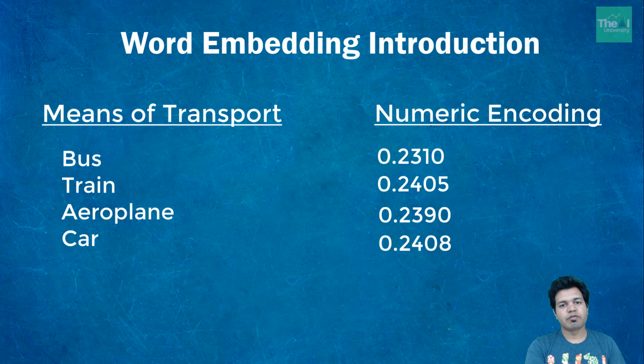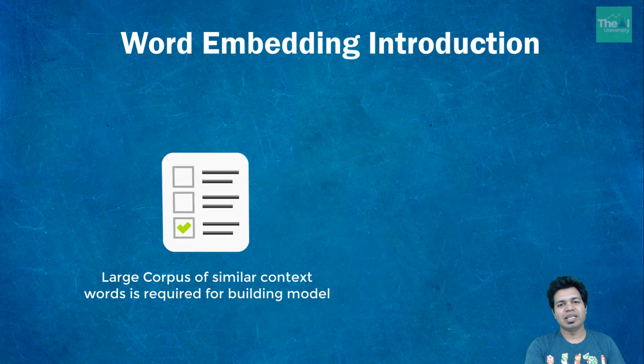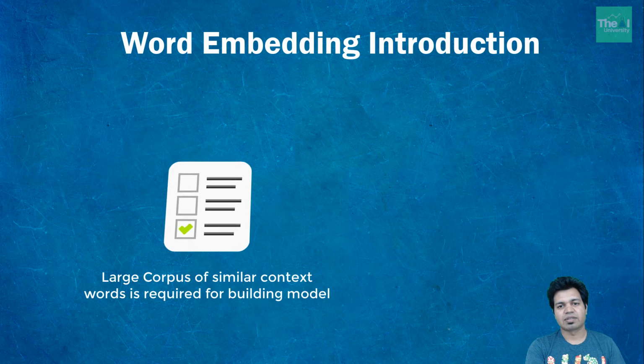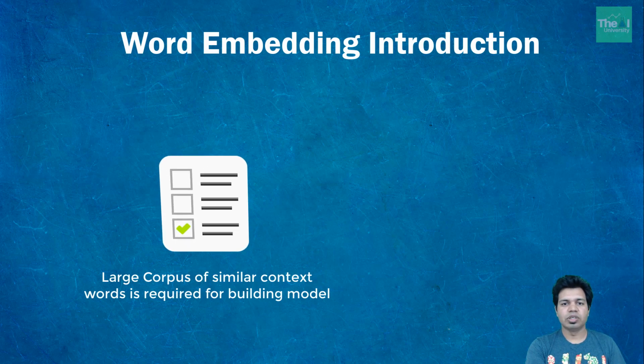Now, you might be thinking, how does it do it? Well, data plays a very important role here, because you need a large corpus of data which contains many examples of words which are similar and used in different contexts. Machine learning algorithms are able to find these patterns of words which are similar to each other.